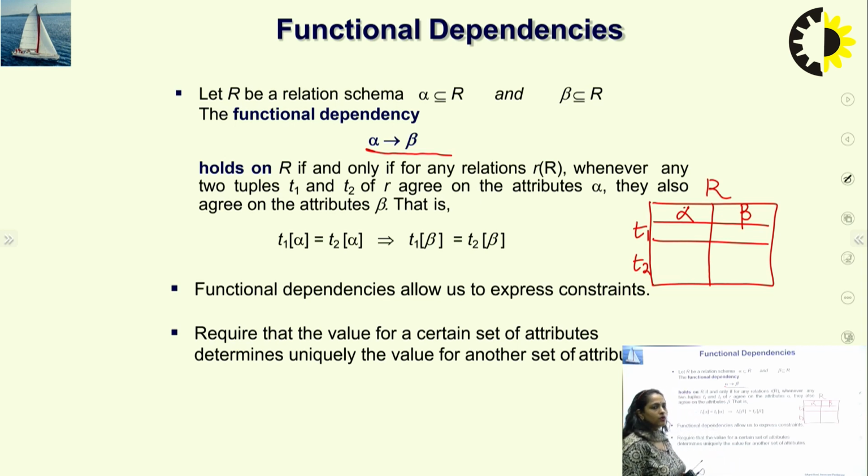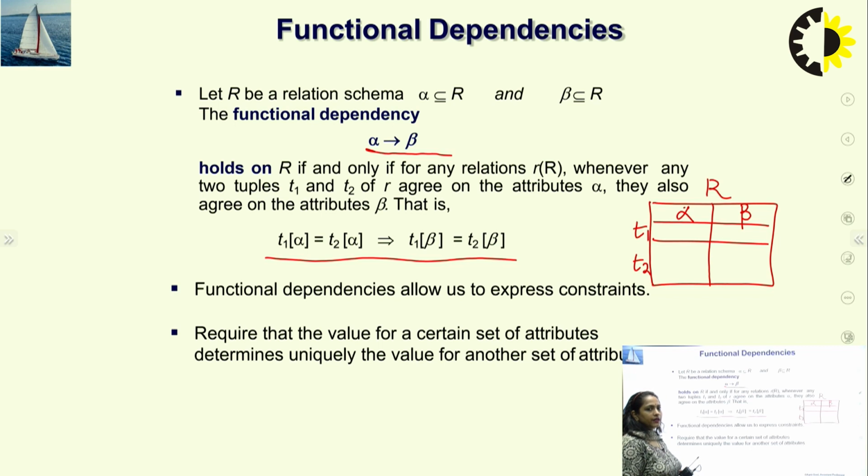This holds if and only if for any relation, two tuples T1 and T2 of R agree on the attributes alpha and they agree on the attributes beta. So that means T1 of alpha equals T2 of alpha. This implies T1 of beta equals T2 of beta.